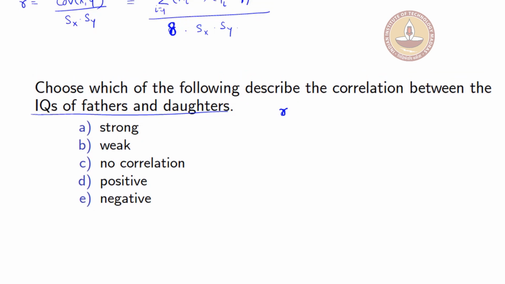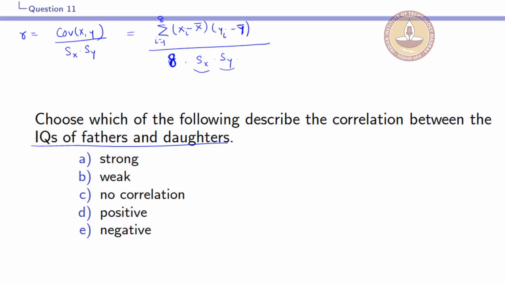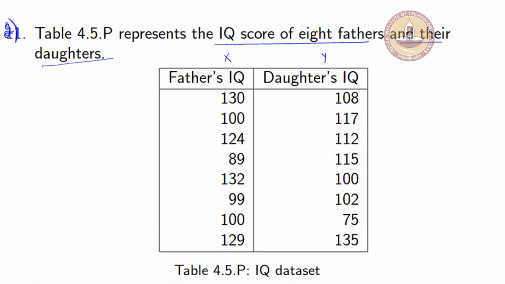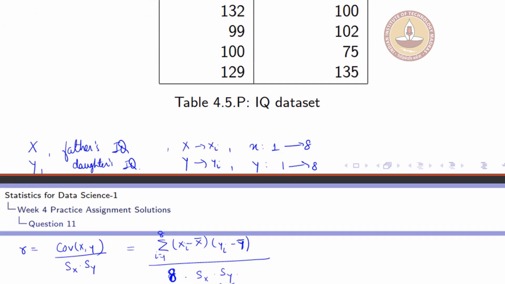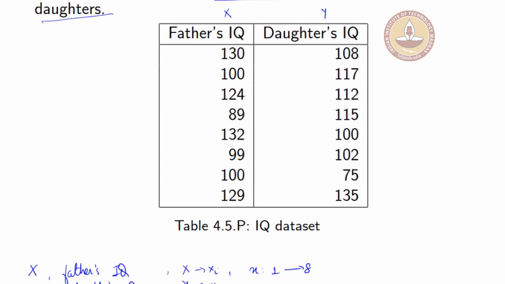So let's first calculate the standard deviation of father's IQ and standard deviation of the daughter's IQ. In order to find these, we need to find the mean of the father's IQ and mean of the daughter's IQ. So let's calculate the mean first.